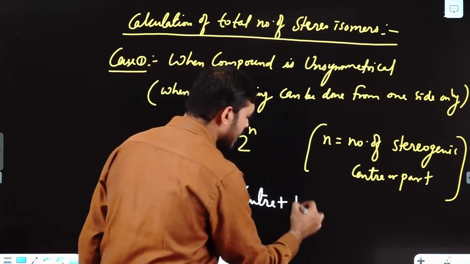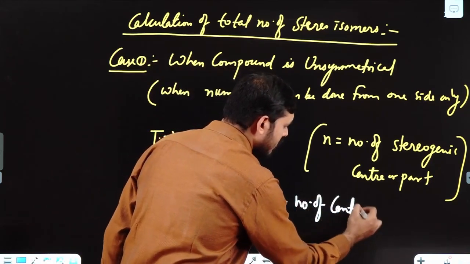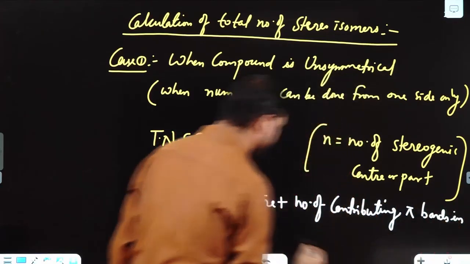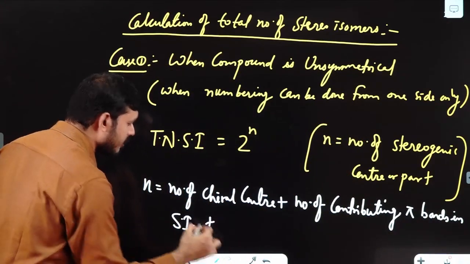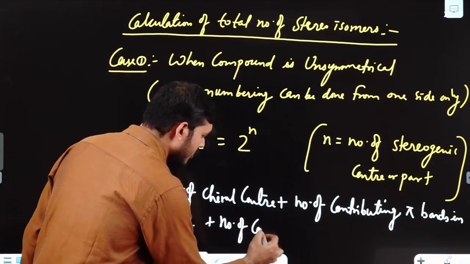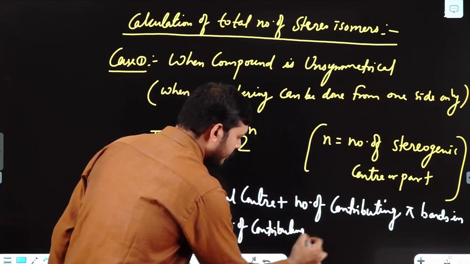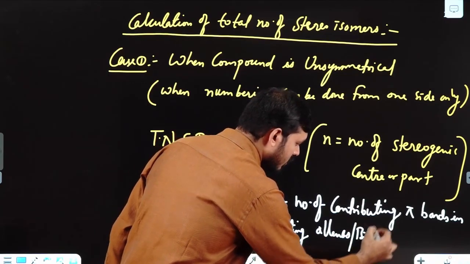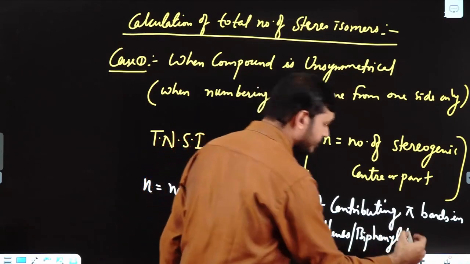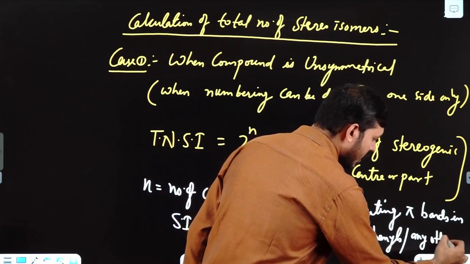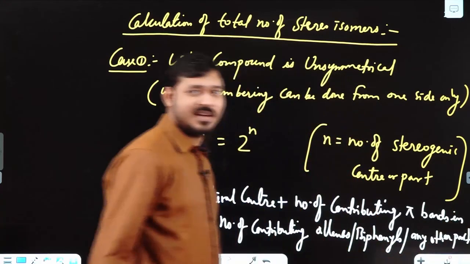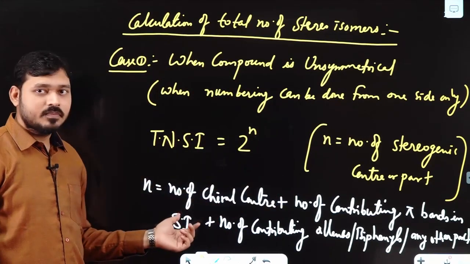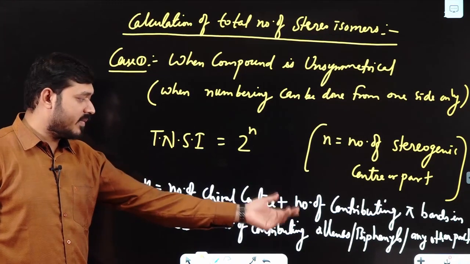Now, in simple terms, you can write n equals the number of chiral centers plus the number of contributing pi bonds in stereoisomerism plus the number of contributing allenes, biphenyls, or any other part.